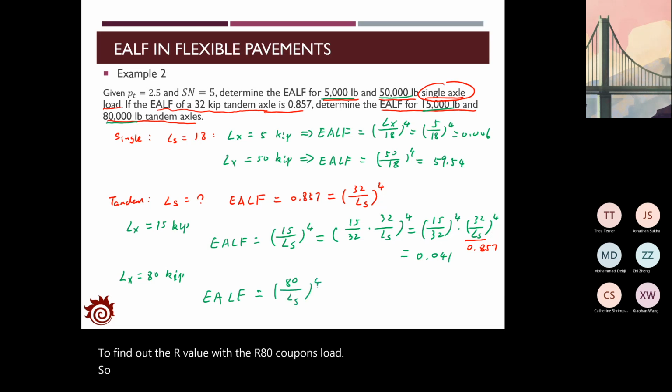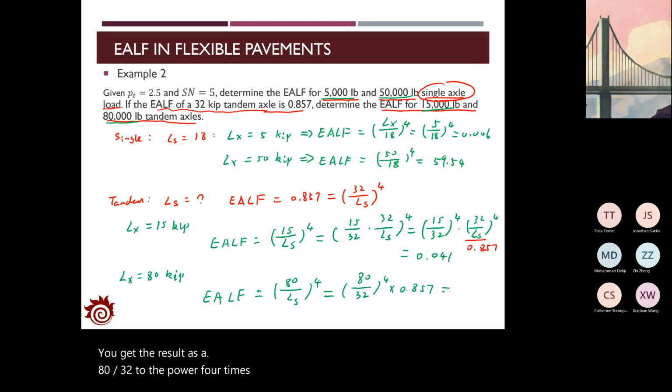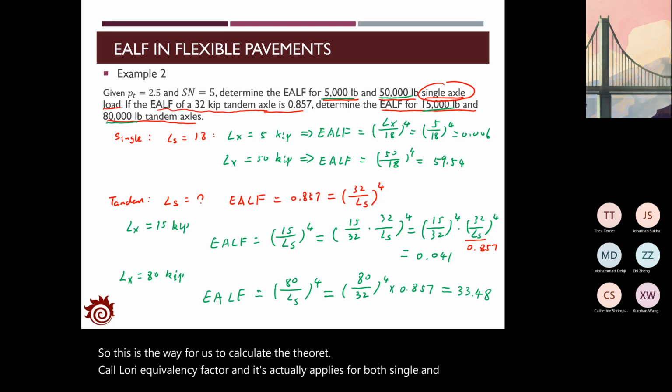So with this one, you get the result as 80 divided by 32 to the power of 4 times 0.857. That is 33.48. So this is the way for us to calculate the theoretical load equivalency factor, and it actually applies for both single and tandem axles.